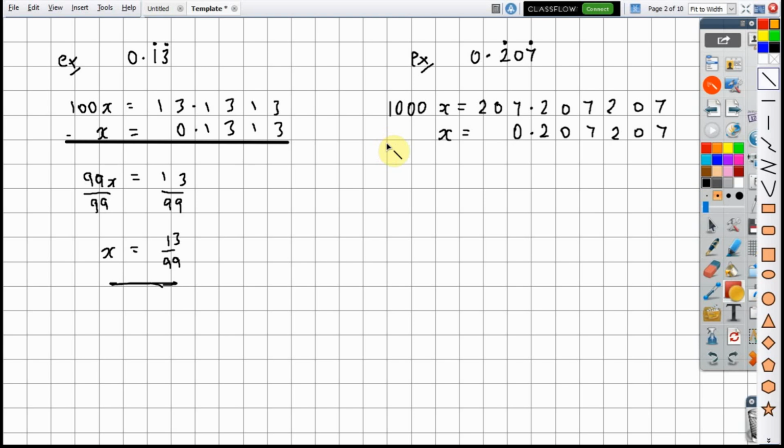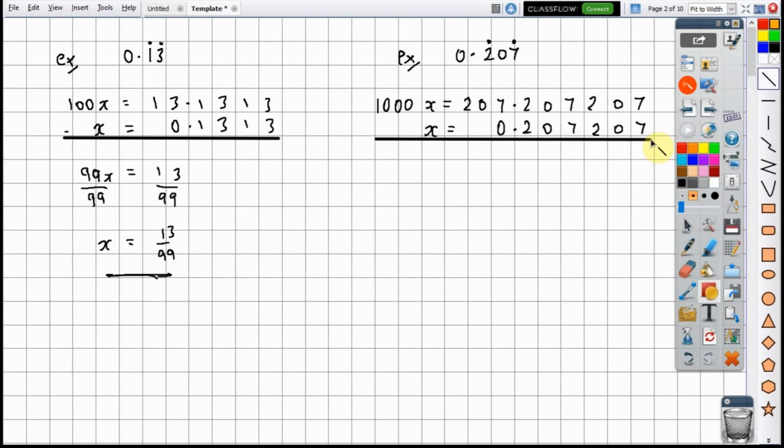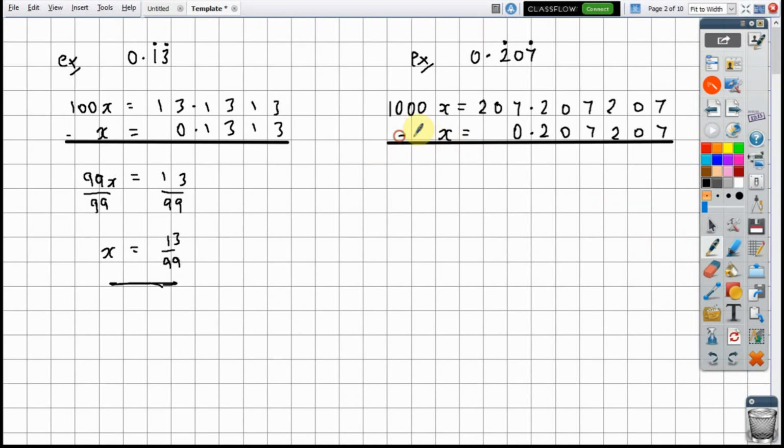So we do our subtraction, and we've got 999x equals, they all cancel, equals 207. Divide by 999, and we've got x equals 207 over 999.